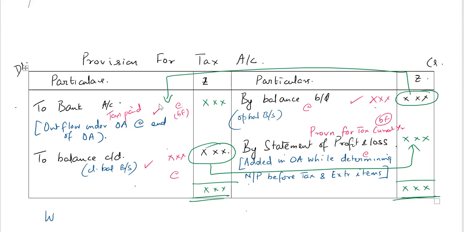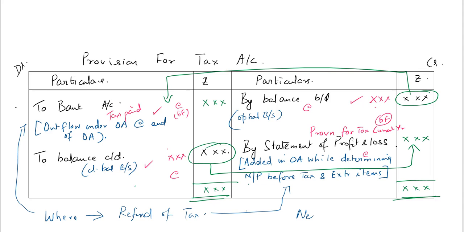Now, where there is refund of tax amount also given, then the amount to be added to OA while determining net profit before tax and extraordinary items, as well as the amount against tax paid, both should be net of refund.